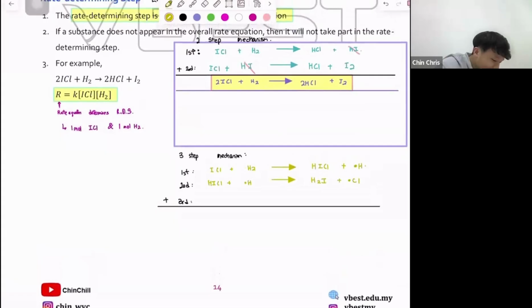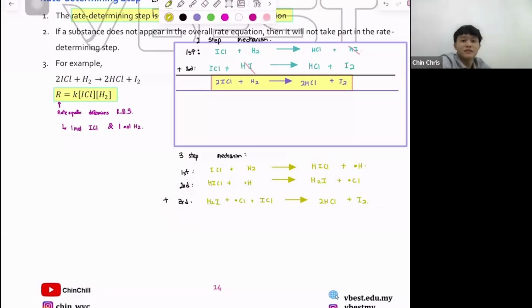Okay, last one: HI plus Cl plus ICl gives 2HCl plus I2. Yes, happy. This answer is correct. Again, it does look super wrong, right? But in the exam, if you do it that way, it's correct.